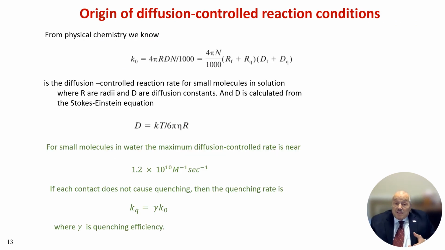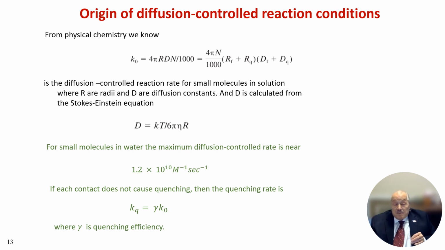So under typical conditions, and this is from physical chemistry, so you have to go back to your physical chemistry books to derive this completely, but the collisional rate is given by some constants, which is really going to become equivalent to a volume around which there is quenching, and the product, and here we use the sum of the radii of the quencher and the fluorophore, both for the fluorophore and for the quencher.